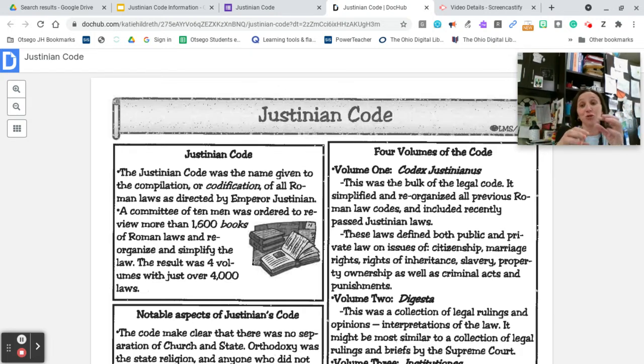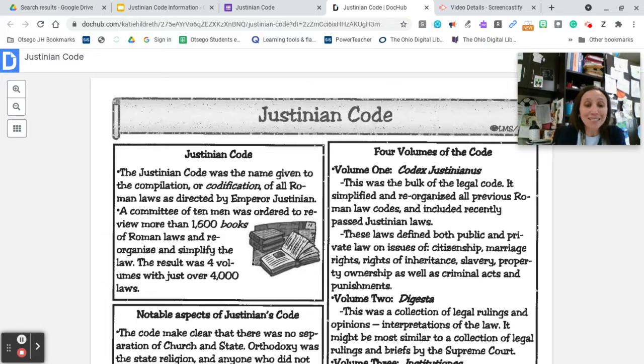Justinian decided to compile them and organize them. So it's the act of arranging a law. A committee of 10 men were ordered to review more than 1,600 books of the Roman laws and reorganize and simplify the law. The result was 4 volumes with just over 4,000 laws.